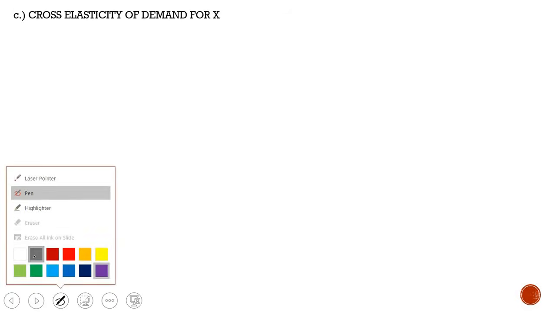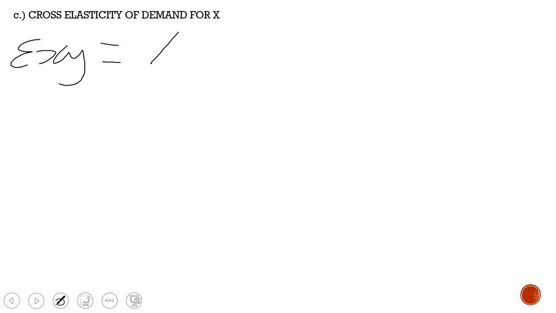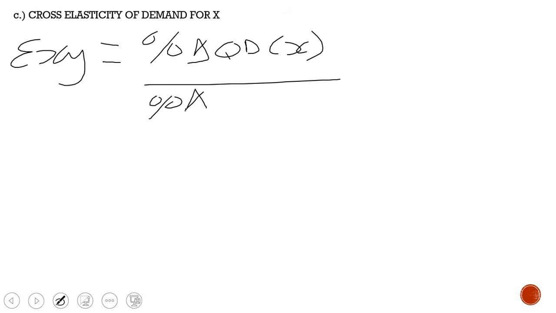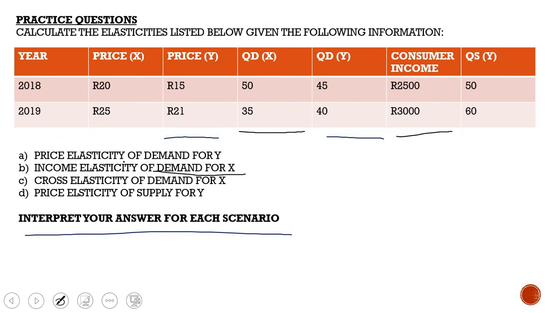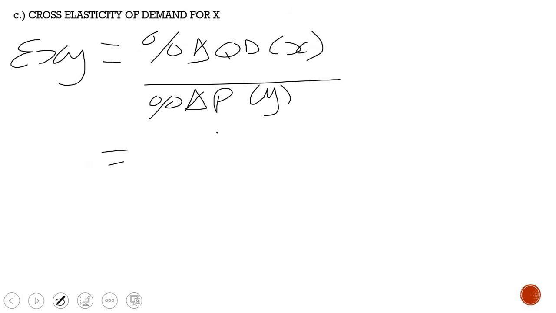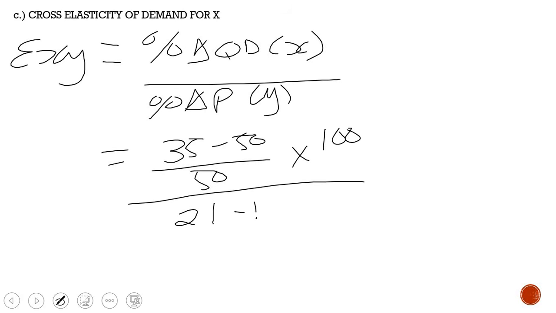Next is cross elasticity of demand for X. For cross elasticity, E of XY is the percentage change in your quantity demanded of X over the percentage change in price of Y. If we go back, we're looking at the cross elasticity for X again, so the percentage change in your quantity demanded for X, and we're looking at the price of Y. So here you're going to say (35 minus 50) over 50 times 100, all over (21 minus 15) over 15 times 100.